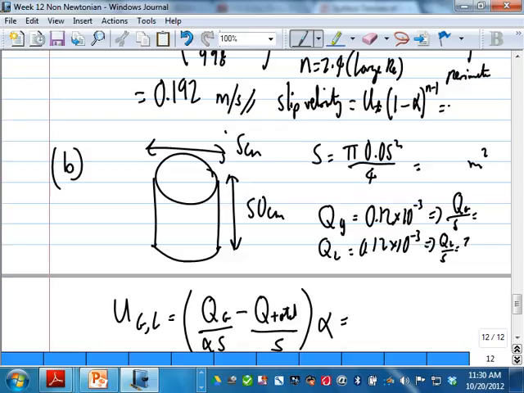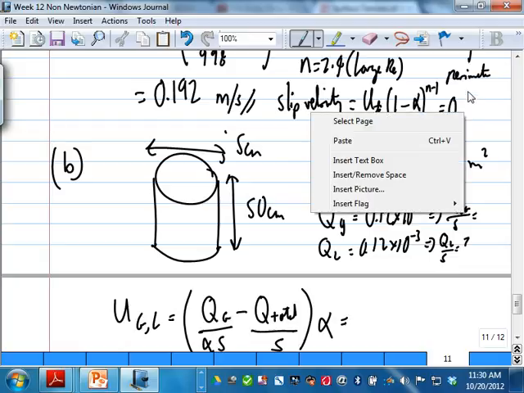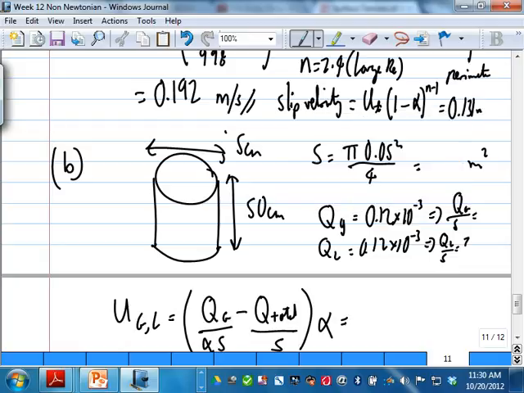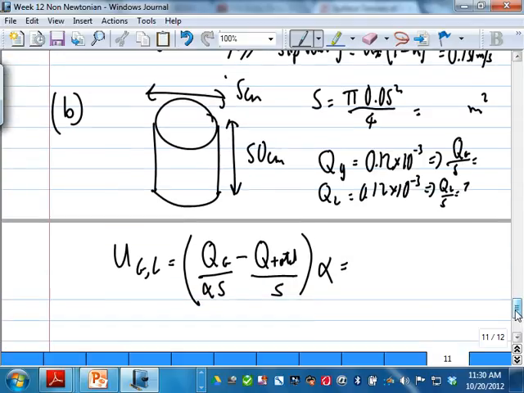What's this answer here? 0.13, 131. What's the answer here? Q total, you add both. So on Q total.